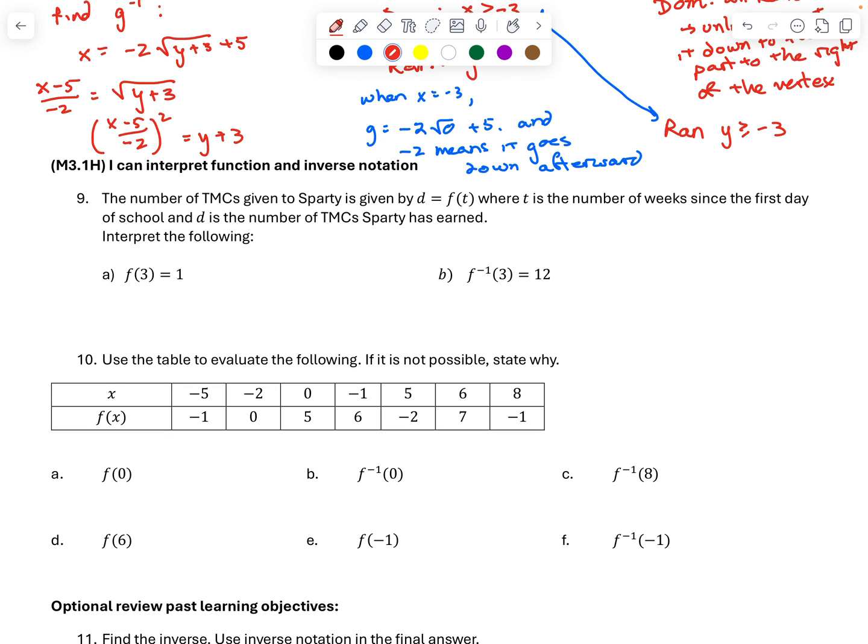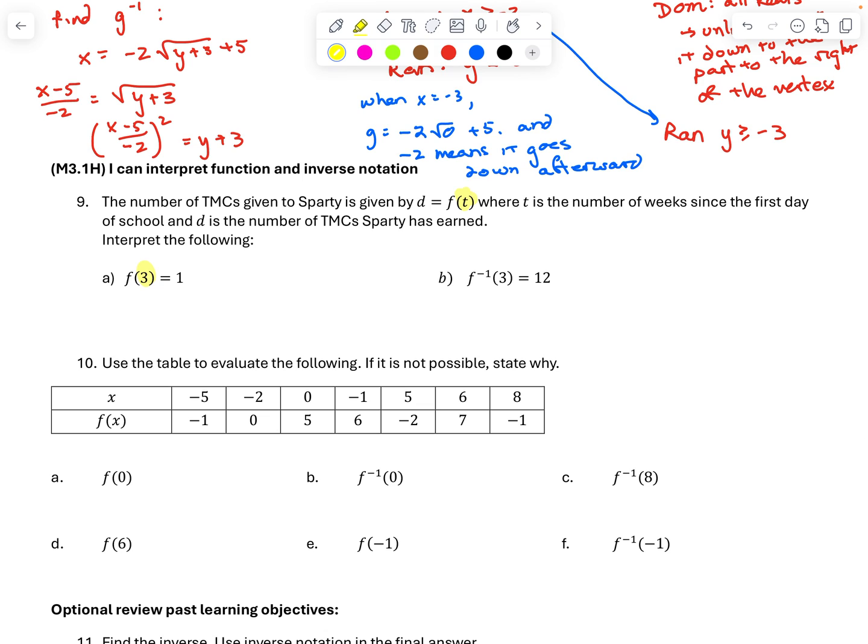All right, so interpretation. This is more practice with this. So it's f of t, so the t has to be the 3. So this is 3 weeks.